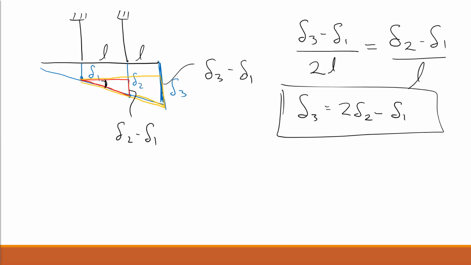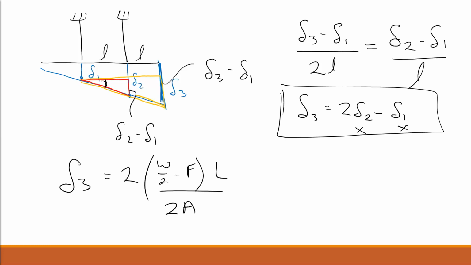But you already have those values, right? Del 3, del 2, del 1? We have del 1 and del 2 from our material relations. Yes, so we can plug those in here. And we see that this is 2 times del 2. Del 2 was W over 2 minus F times L over AE, minus del 1, which is W over 2 plus 2F times L over AE.